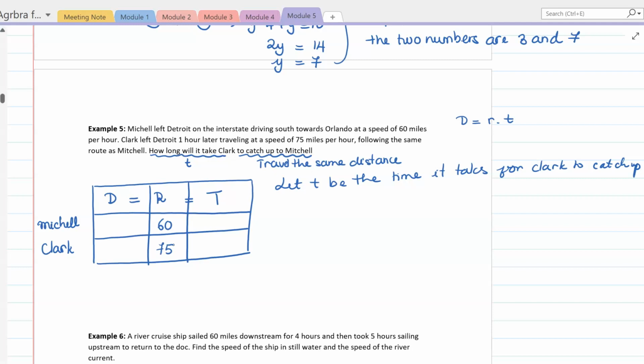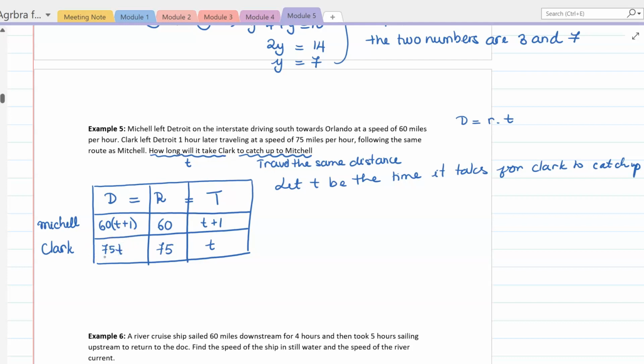Clark left 1 hour later, which means Clark spent less time traveling than Michelle. So the time it takes for Michelle to travel before Clark catches up is t plus 1, and here's t. So the distance for Michelle is 60 times t plus 1, and for Clark is 75 times t.